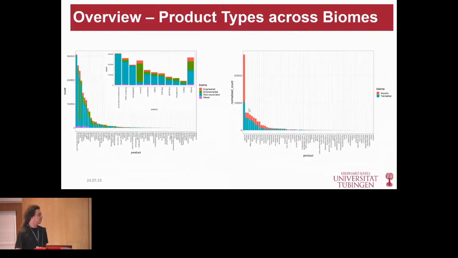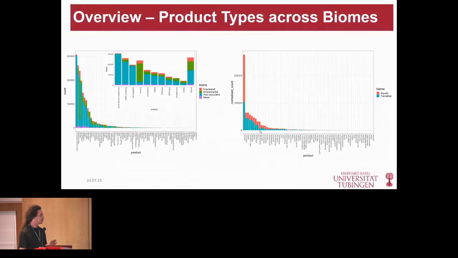It's even clearer when the environmental samples are compared, like aquatic samples to terrestrial samples. We see, for example, phosphonates produced almost only in the aquatic samples, with quite a few members that come from terrestrial samples.